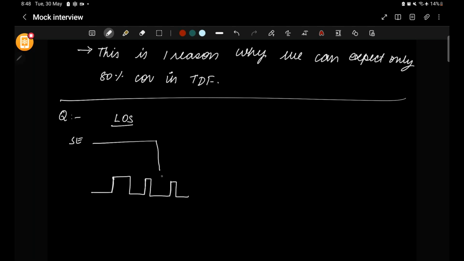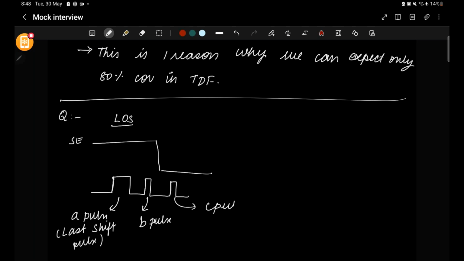So this A is a slow frequency clock, and B and C are fast frequency clocks.